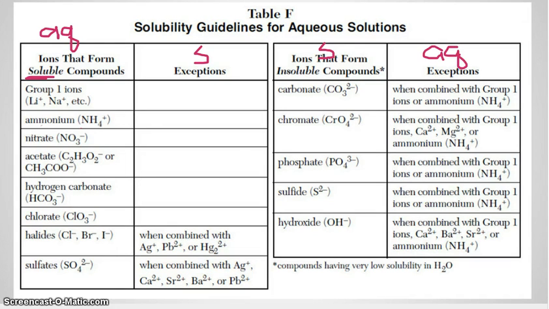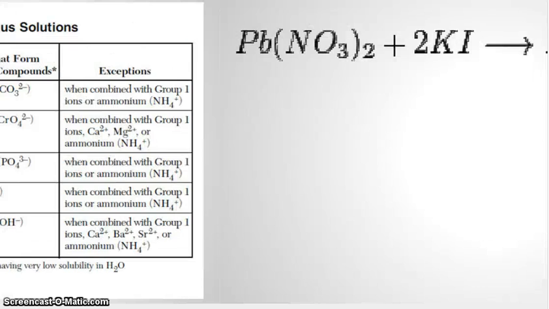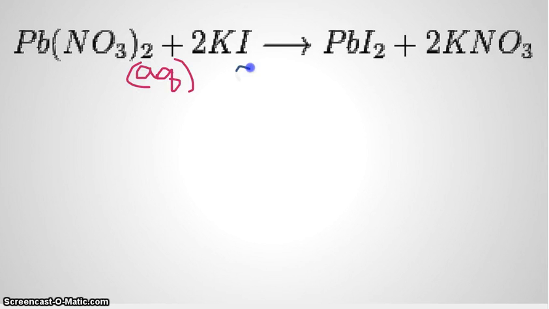Group 1, ammonium, nitrate, acetate, hydrogen carbonate, chlorate, halides. Halides is another way of saying halogens. And you can see that iodine is right there with the halogens. So it is soluble. This one does have some exceptions, except when combined with silver, lead, or mercury. And in this case, we were combined with potassium, so it is not an exception. So in our equation, this one also gets an AQ.